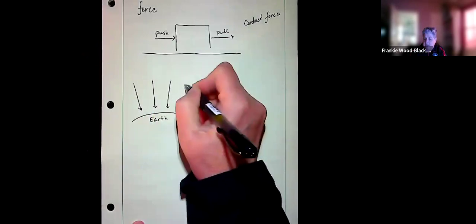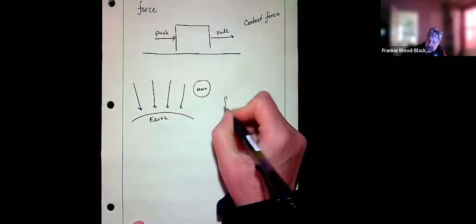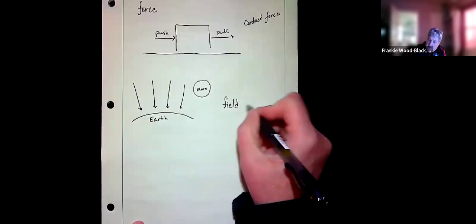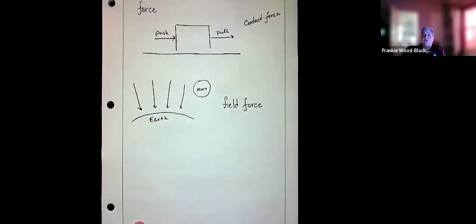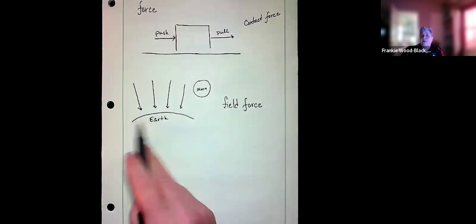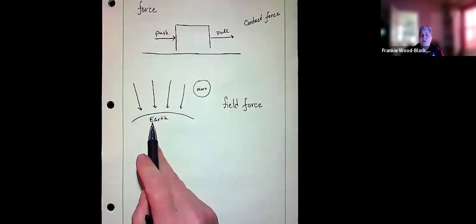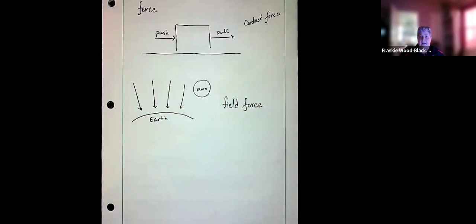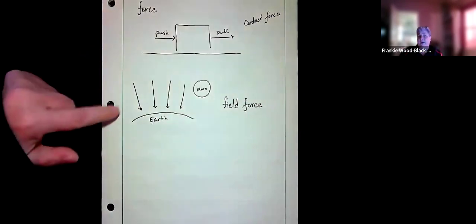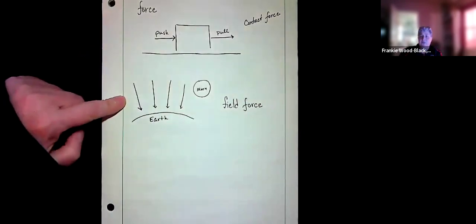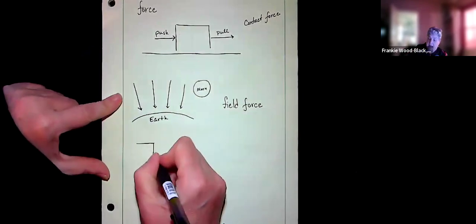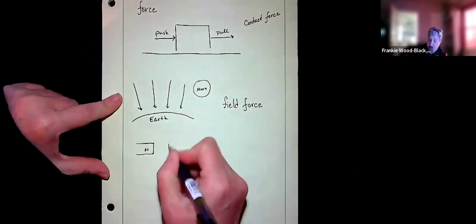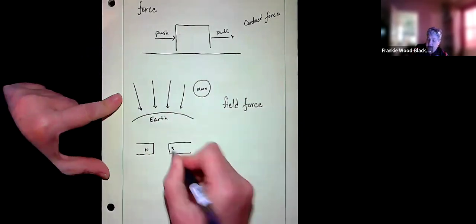And we can represent our field force by using some arrows. It's a little weird when we start talking about a field force in terms of our mechanics systems, because we're not as comfortable with this. Our world lives on, we put our feet on the ground and we're sticking there on Earth, and we don't normally tell that there's any change in our field force. But if I have two magnets, right? If I have a magnet and I have a North Pole and a South Pole, we know exactly what's going to happen.